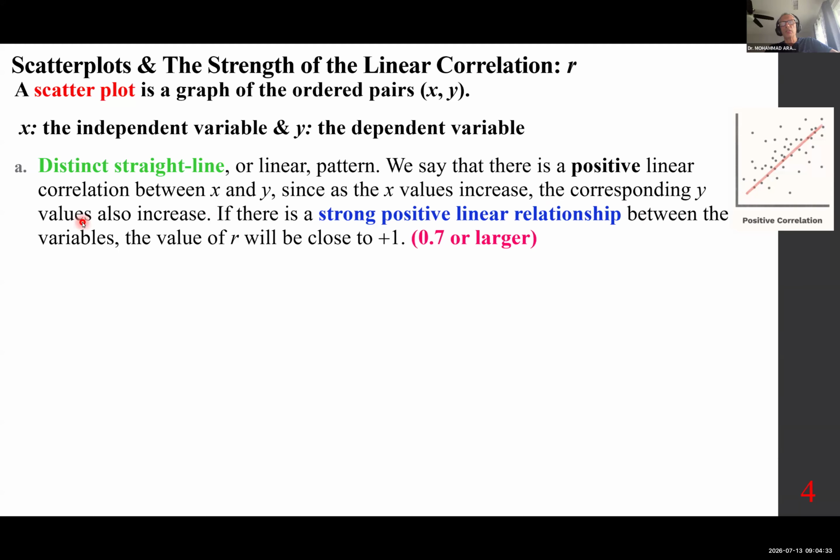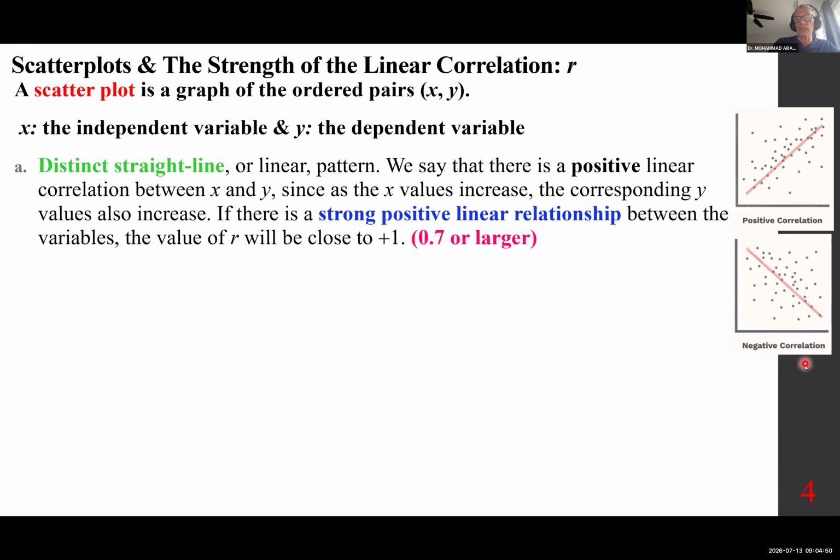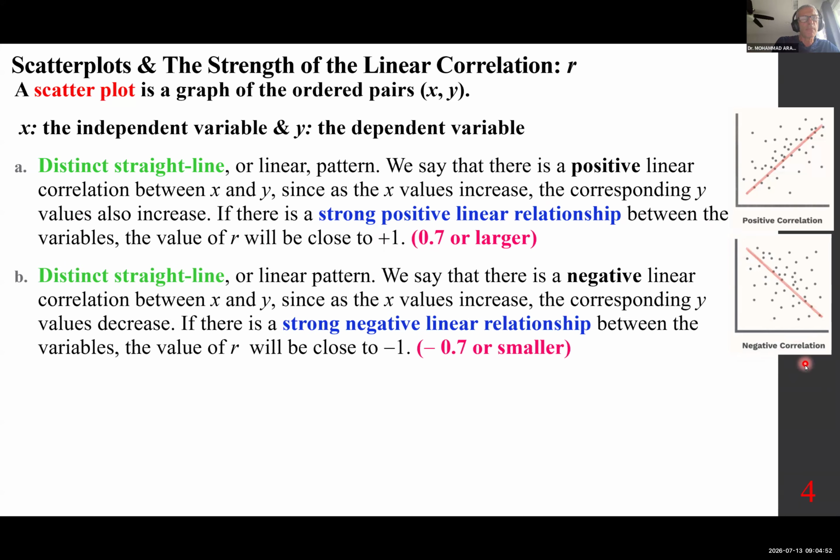If there is a strong positive linear relationship between the variables, the value of r will be close to positive 1. 0.7 or larger is considered a strong positive linear relationship. Or it may look like that with a negative slope, so negative correlation.